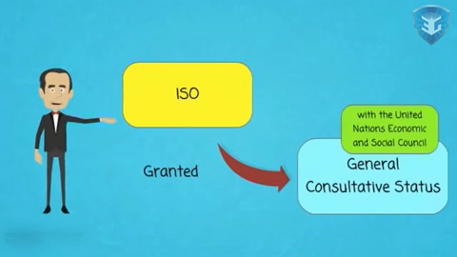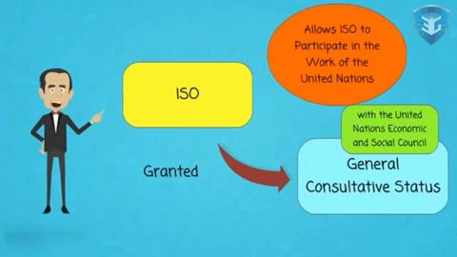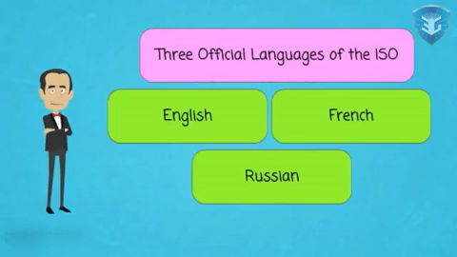It was one of the first organizations granted general consultative status with the United Nations Economic and Social Council. This allows it to participate in the work of the United Nations. The three official languages of the ISO are English, French, and Russian.